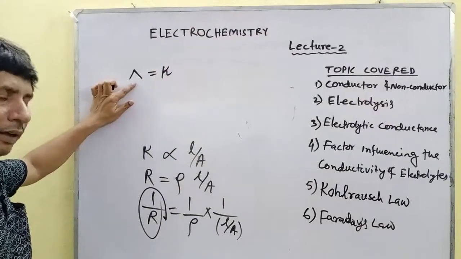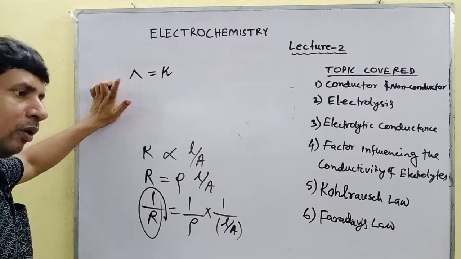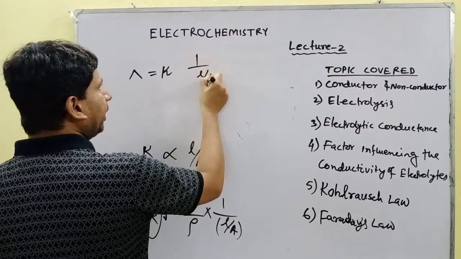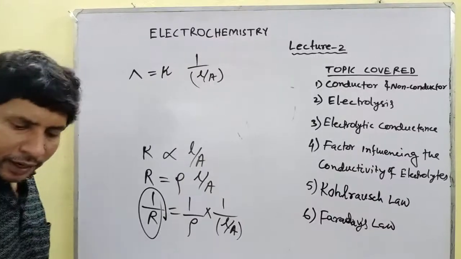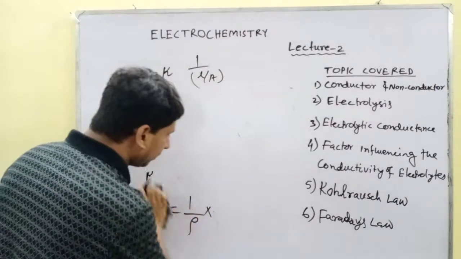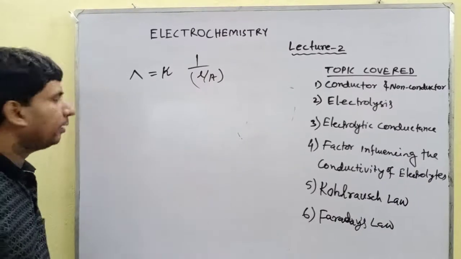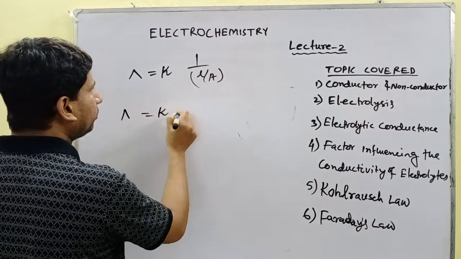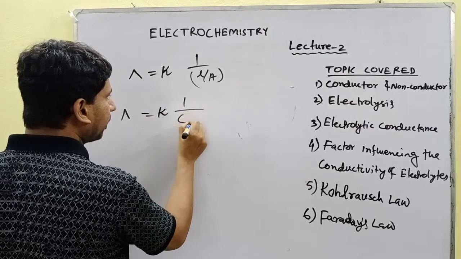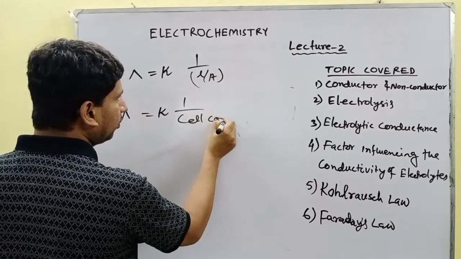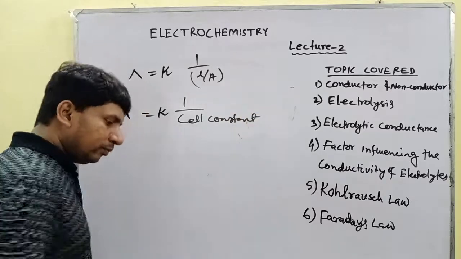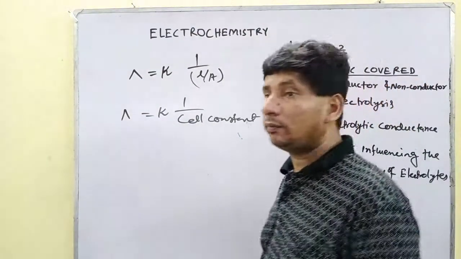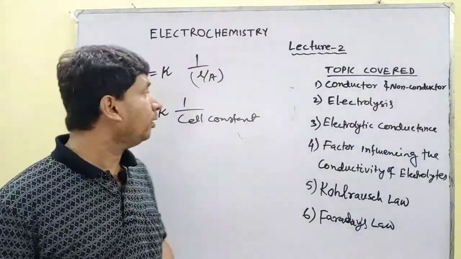Okay, so this is conductance, this is specific conductance, and 1 by L by A. And what is L by A? L by A is known as the cell constant, that is lambda equals kappa into 1 by cell constant. Clear?